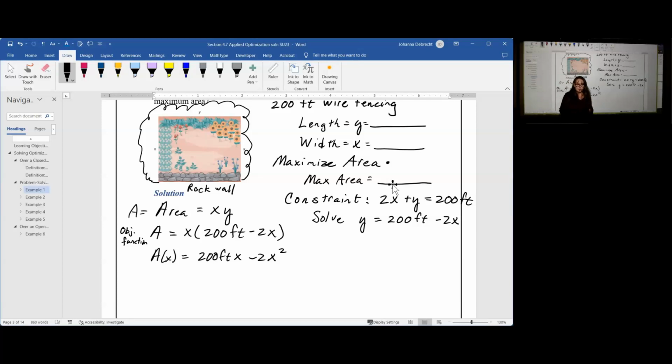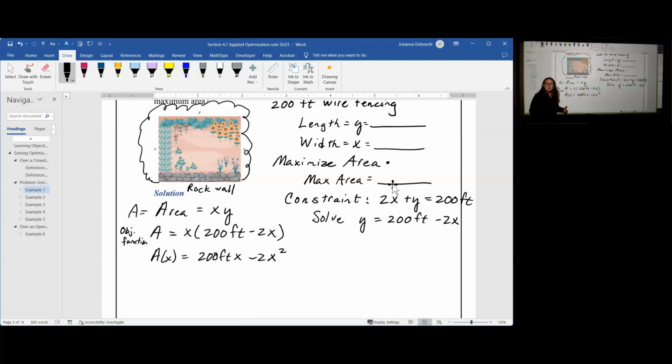Now, the next step after getting a single independent variable in our objective function is that we want to optimize it. In that case, we're looking for relative extrema. So in order to find the relative extrema, we're going to go ahead and take the derivative of the area function. Keep in mind that both x and y have to be strictly positive.